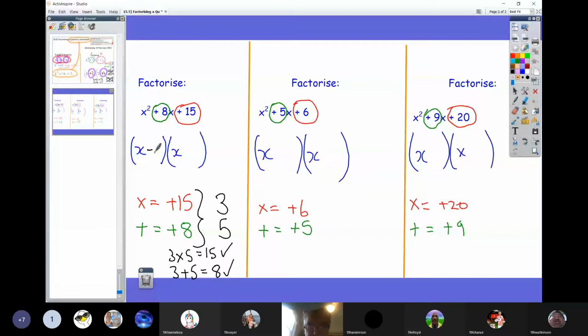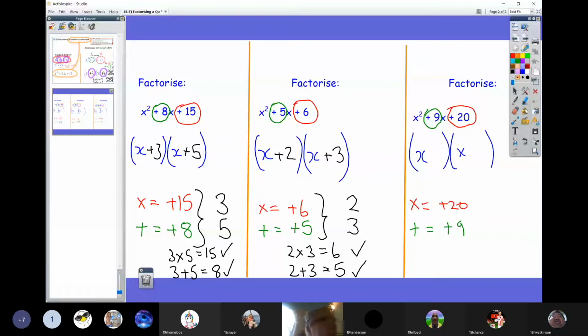Moving over to the middle one. What two numbers multiply to be 6 but add to be 5? That's 2 and 3, because 2 times 3 is indeed 6, yet 2 add 3 is indeed 5. So my magic numbers are plus 2 and plus 3. And just to repeat, it doesn't matter if you've written x plus 3, x plus 2, that's still correct.